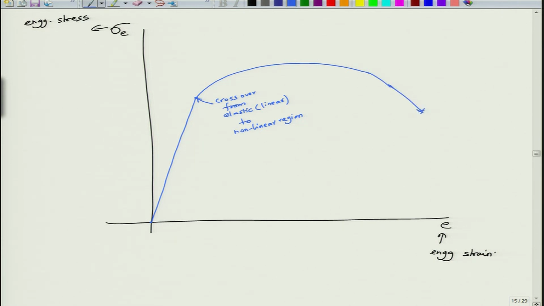The failure stress can sometimes be here, so this is the failure. This is the typical stress strain plot for a given material.